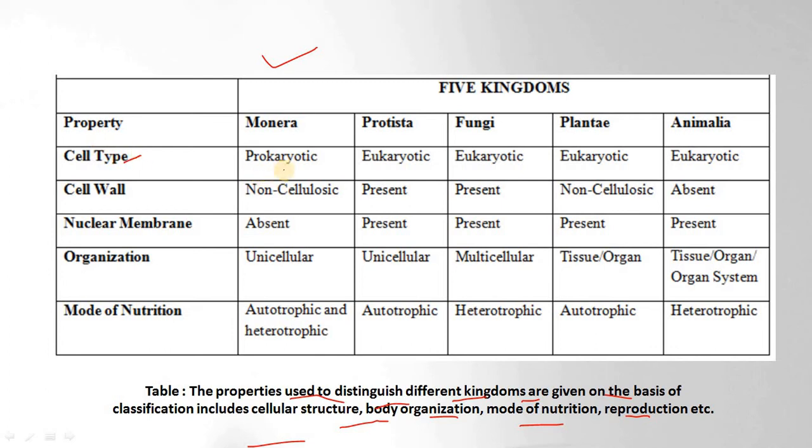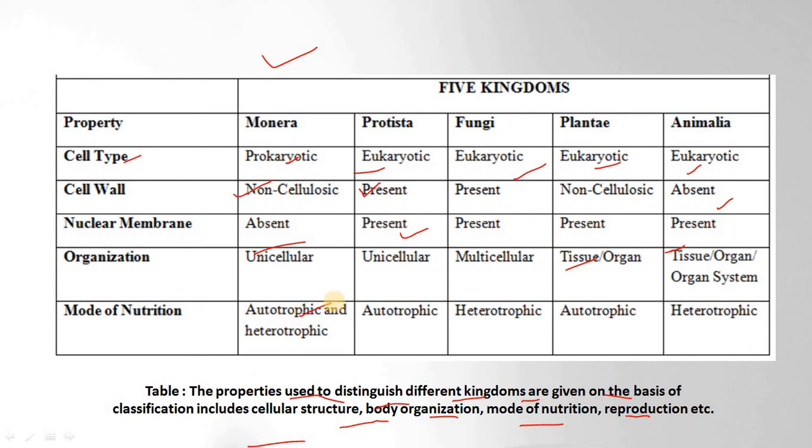Cell type: Monera is prokaryotic, while Protista, fungi, Plantae, and Animalia are eukaryotic. Cell wall is non-cellulosic in Monera, present in Protista, present in fungi, cellulosic in Plantae, and absent in Animalia. Nuclear membrane is absent in Monera only and present in all the rest of the kingdoms.